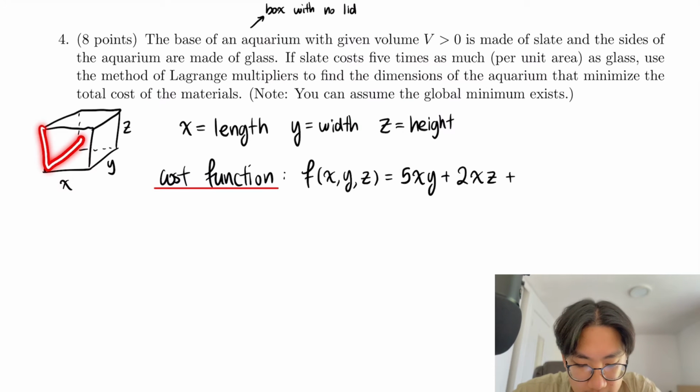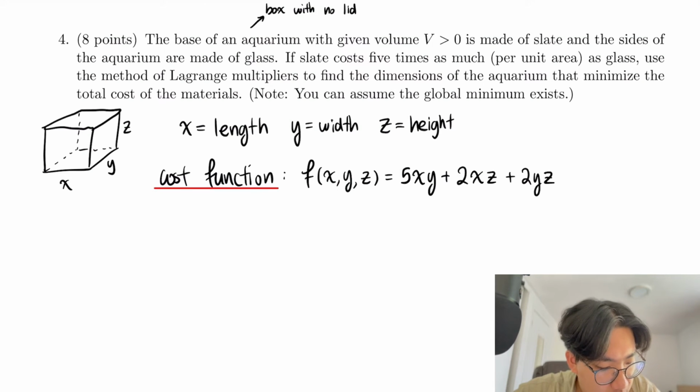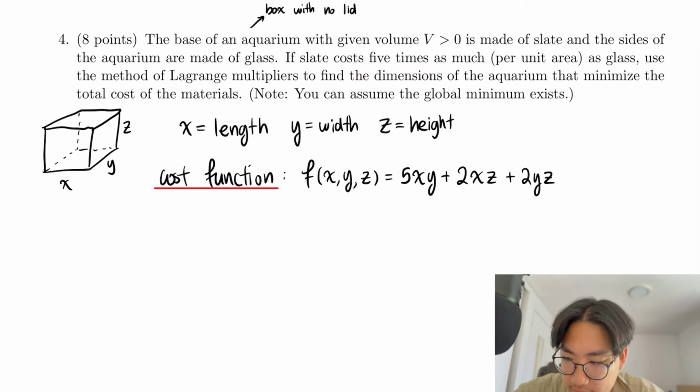And then we also have that face and that face right over there. These are both Y by Z, so plus 2YZ.